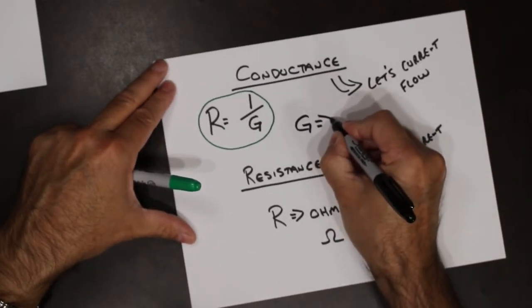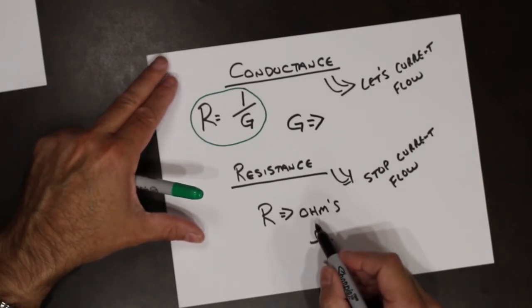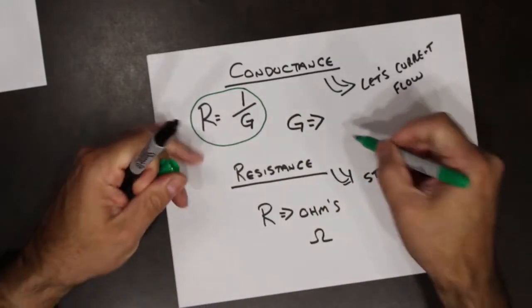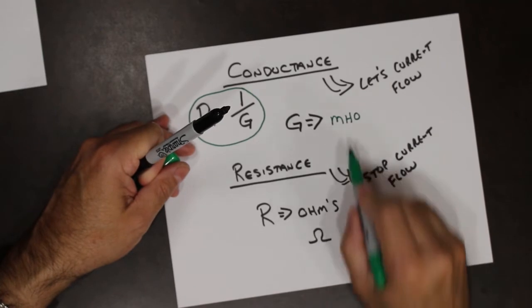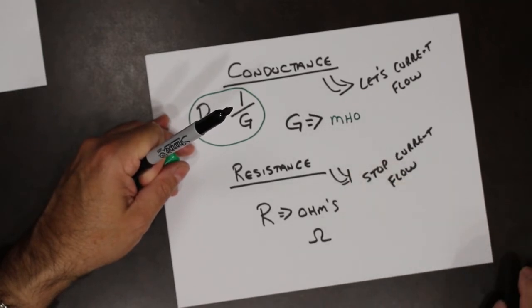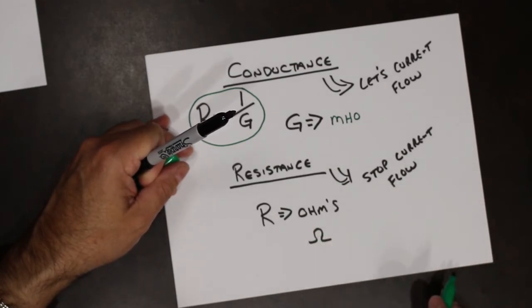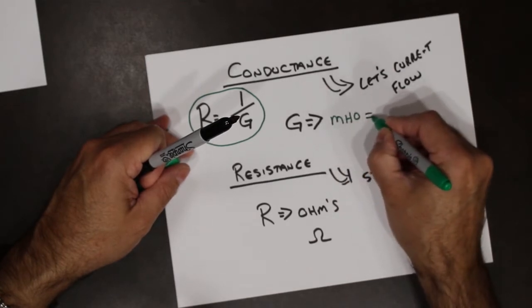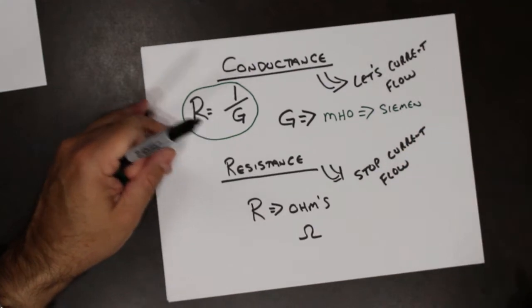Since it's the exact opposite, the unit used to be called the mho, which is ohms spelt backwards. But in recent years, the unit has morphed into Siemens.